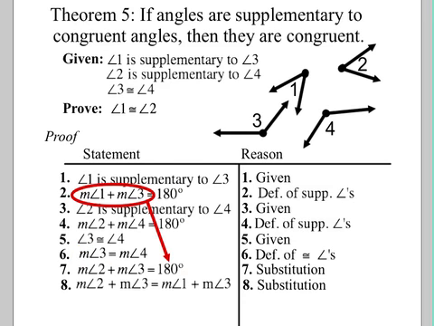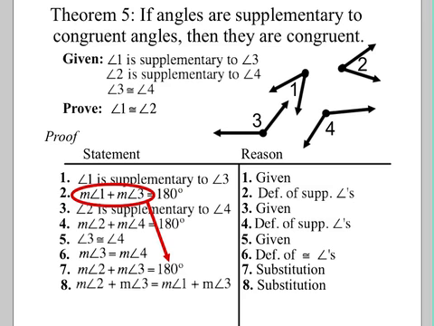And then we substitute again, much like we did in the first proof. Since the measure of angle 1 plus the measure of angle 3 is 180, we can substitute that in for the 180 that appeared in line 7. And now in line 8, we have that the measures of angles 2 and 3 is equal to the measures of angle 1 plus angle 3. So we've used substitution in 2 consecutive steps.